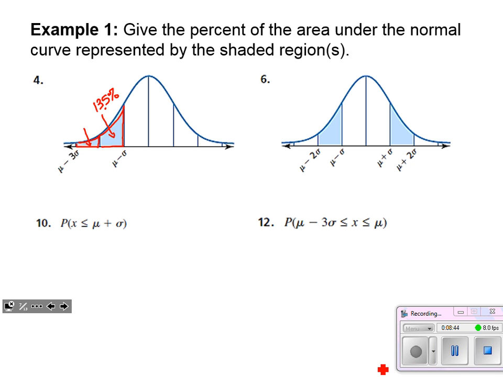And then this one that is 3 standard deviations away is 2.35%. Okay, so the percent of the area, when I combine those two together, 2.35 plus 13.5, gives me 15.85%. You just add them up.